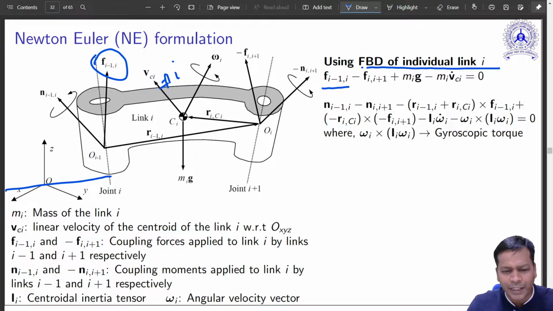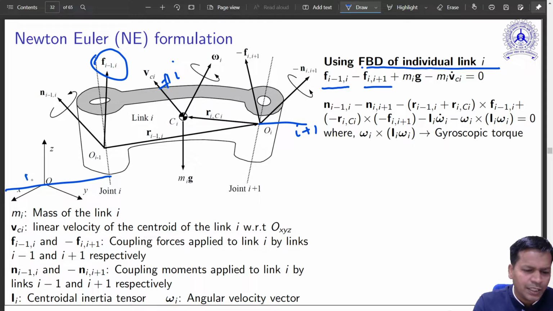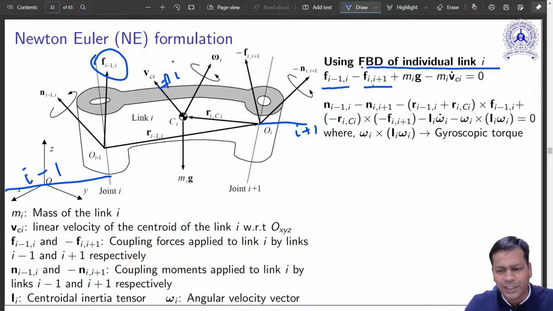And then another force here, Fi,i+1. The i+1 link comes after this, the i-1 link comes before this. So this minus this is the resultant force acting on this link, and also the force due to its own weight, which is always there.